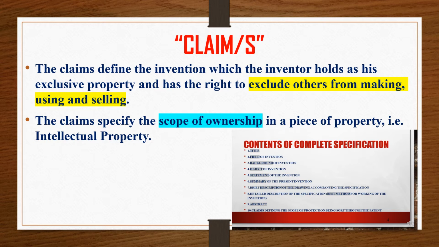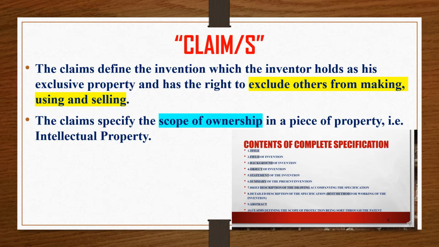So friends, just take a look at the words whose background is yellow, because this is the key phrase of this statement. The patent right is actually about excluding others from making, using and selling.